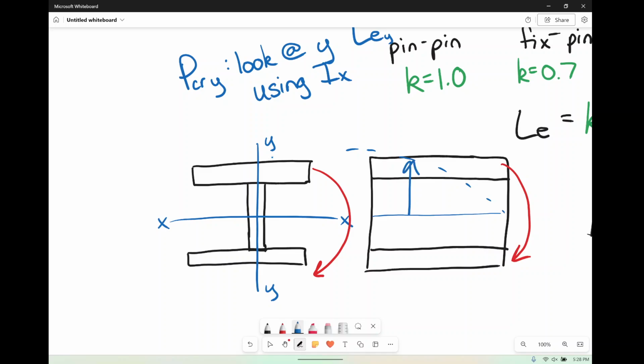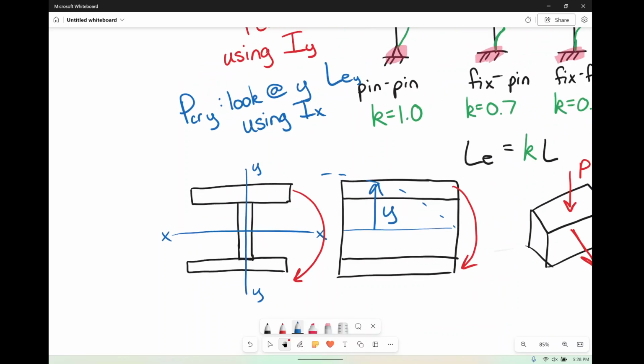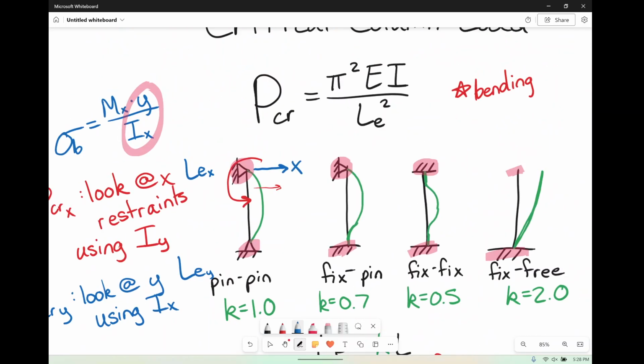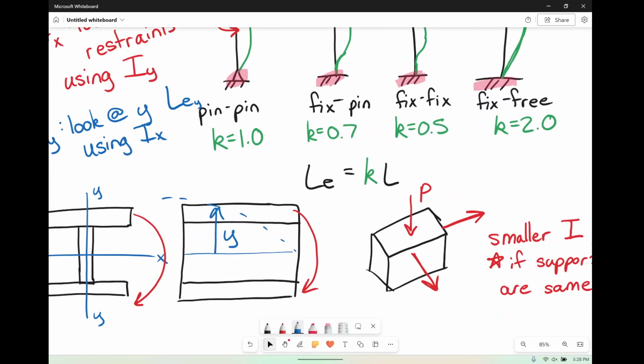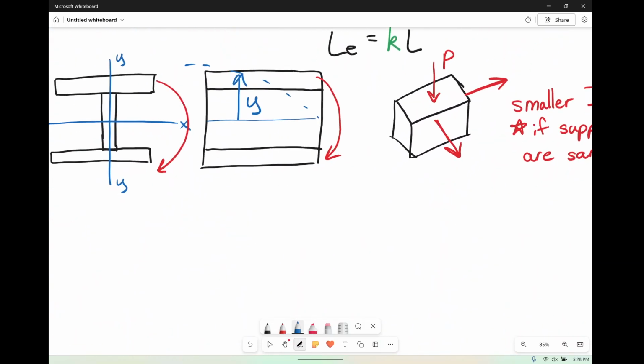So this is y direction movement when we're bending about the x-axis. That's where it all comes from. So the trickiest part about using this equation is making sure you're getting the right directions, because if you put the wrong directions in, you're going to get a very wrong answer. So let's do an example.